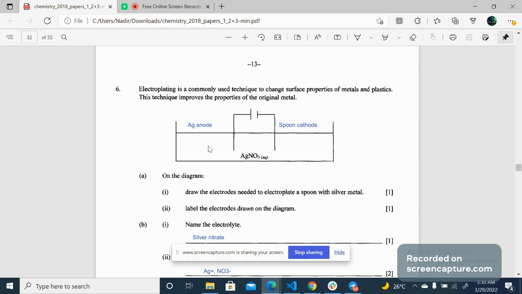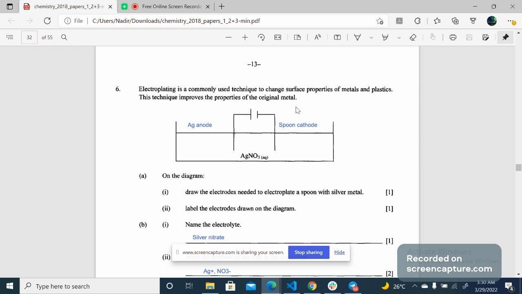And because the electroplating has to be done with silver, the electrolyte has to be some suitable compound for this process, which happens to be silver nitrate aqueous. Okay, so what we have to do is label and tell which is which.